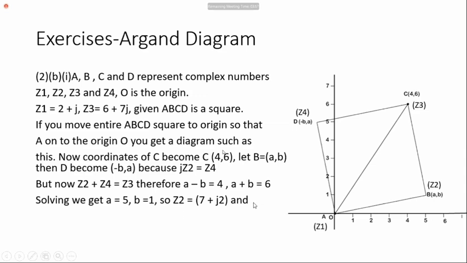Then this complex number becomes 7 plus j2, because once you transform to the position 2 comma 1, Z2 becomes 7 comma 2. If you find it difficult, don't worry, this is a difficult one, right? And finally, Z4 we also get as 1 plus 6j, these two complex numbers.